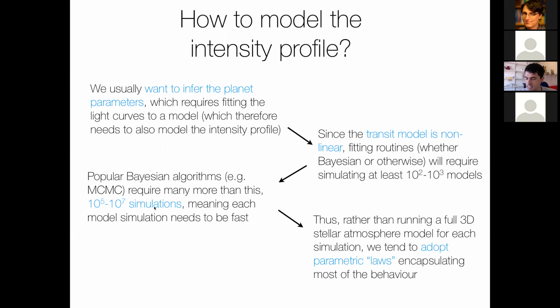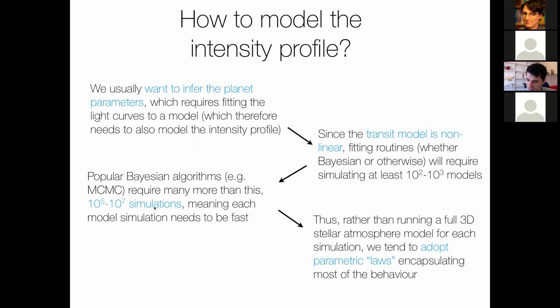So at each of these 10^7 simulations, let's say, you could, if you wanted to, run a full 3D stellar atmosphere model at every single simulation and see what the intensity profile should look like, given some inputs, such as maybe the effective temperature of the star, the mass of the star, things like this.